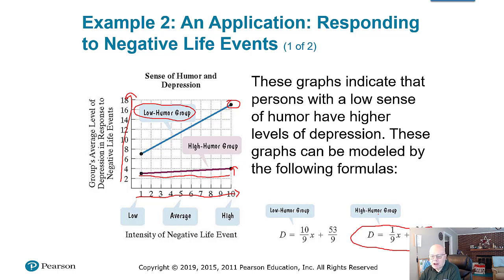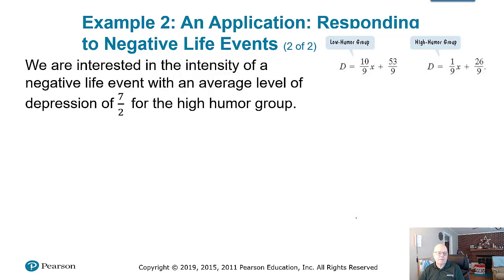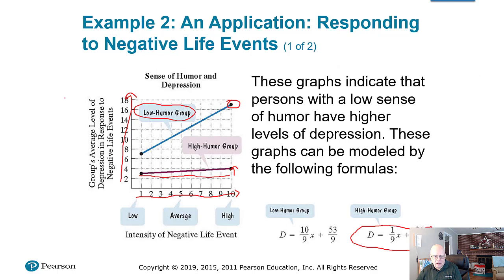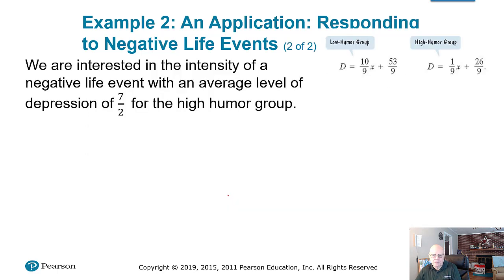Now we're going to take a look at the high humor group, because we've got a question right here. We want the intensity of a negative life event, anywhere from 1 to 10 in that picture you saw previously, with an average level of depression.